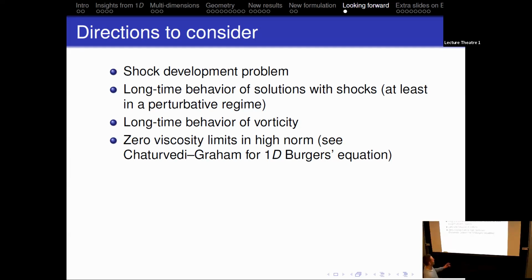Another interesting problem, on which there's been work recently by Sanchez and Colgrave, is to study zero viscosity limits and to try to understand the behavior of the limits in high norms. A classical result is to understand zero viscosity limits in L1 norms in space, but this new result for Burgers is giving much more information up to the time of first blow up.